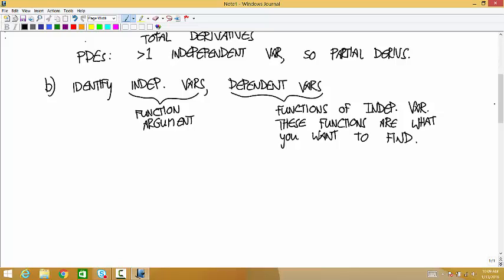That's still an ordinary differential equation. So you could have a system of differential equations where you're trying to find x of t, y of t, z of t. That's 3 dependent variables, but it's a system of ordinary differential equations because you only have one independent variable.